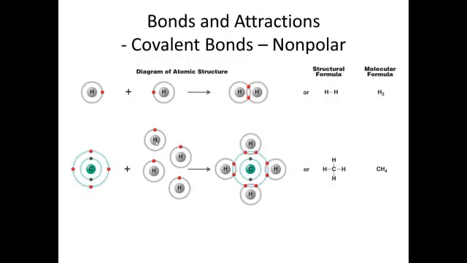So in this case, 4 hydrogens get together with carbon. Remember, they want to share one, and each hydrogen forms a covalent bond with the carbon. And this produces methane, also known as swamp gas. You'll notice here we're showing a single line to show where each pair of electrons is being shared.